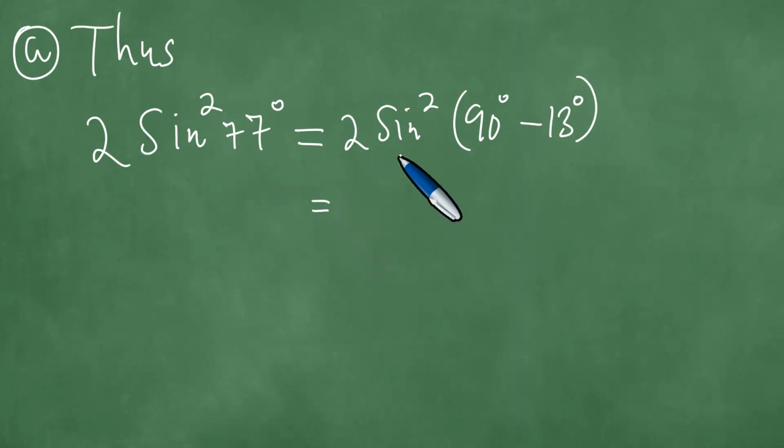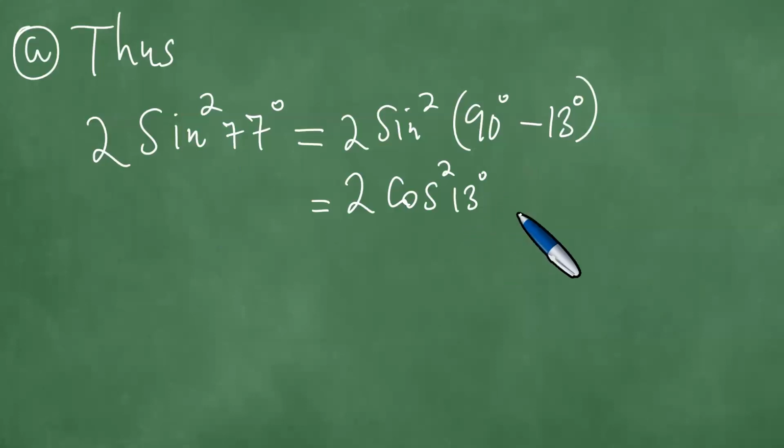90 degrees minus 13 degrees is an angle in the first quadrant where all trigonometric ratios are positive, so we have a positive result, but there's a cofunction change here. The cofunction of the sine is the cosine, giving 2 cosine squared of 13 degrees.